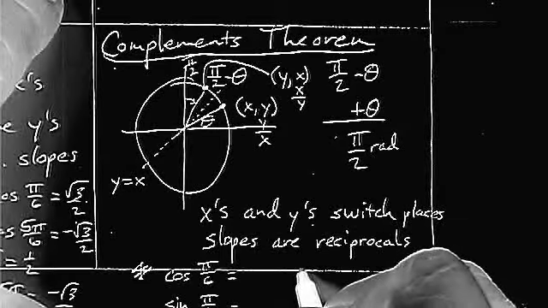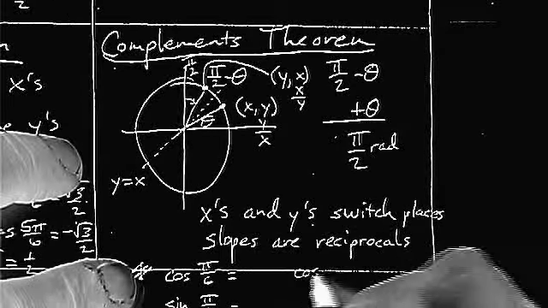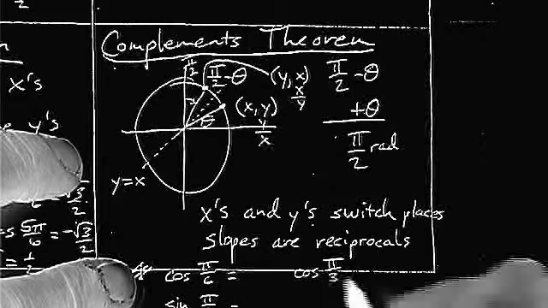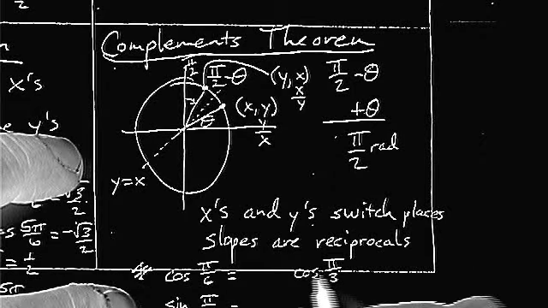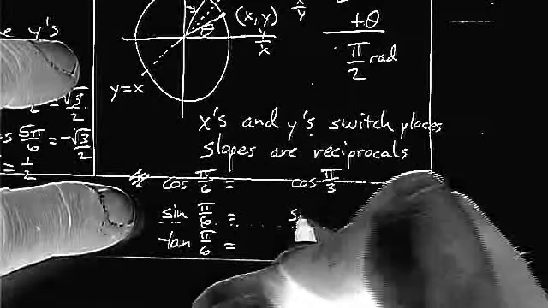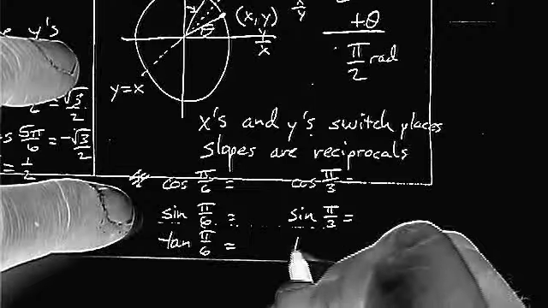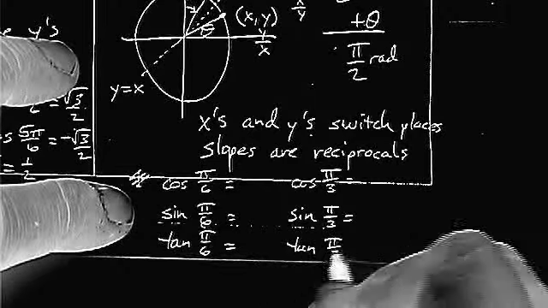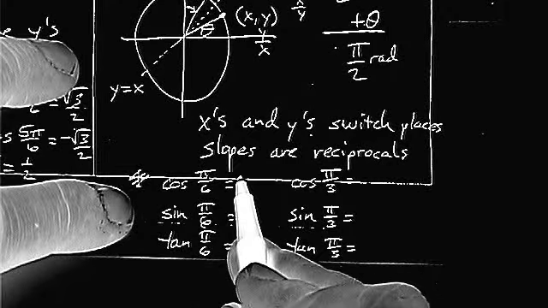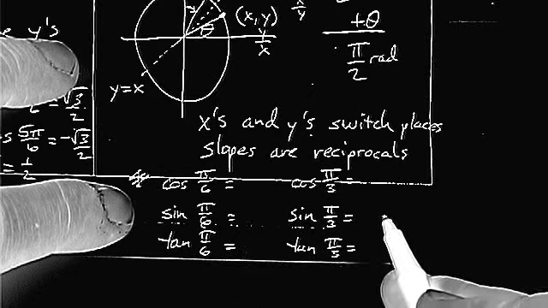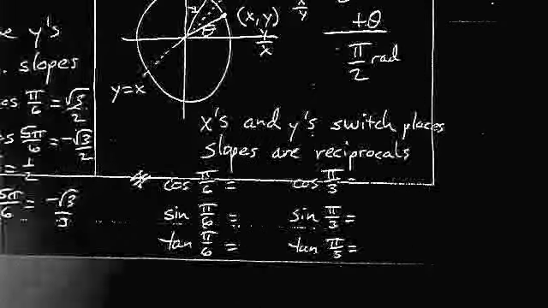Which would be cosine of 2 pi over 6, but we'll call it pi over 3, because their relationship is that they add up to pi over 2. So take these values and apply the logic to come up with these 3 values.